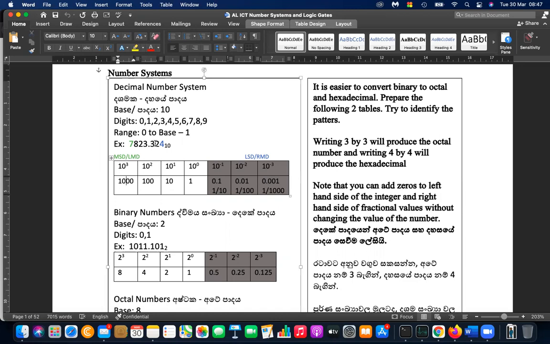After the decimal point it starts with negative powers: 10 to the power minus 1, which is 1 divided by 10, equal to 0.1. 10 to the power minus 2 is 1 divided by 100, which is 0.01, and 10 to the power minus 3 is 1 divided by 1000, which is 0.001. This part you have to write in the book.